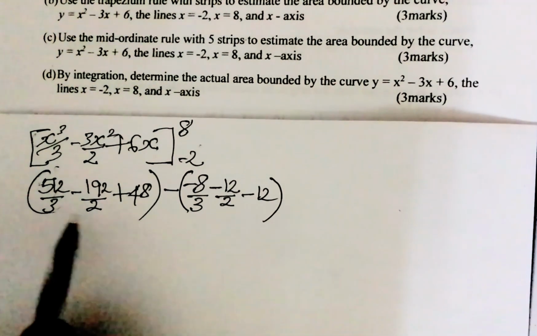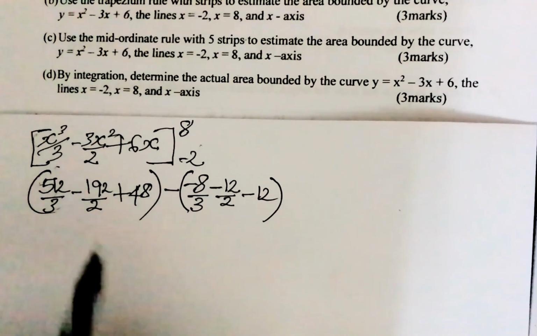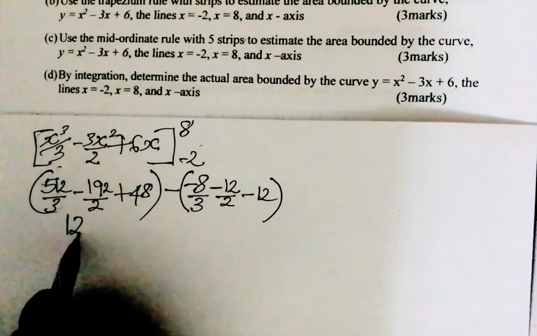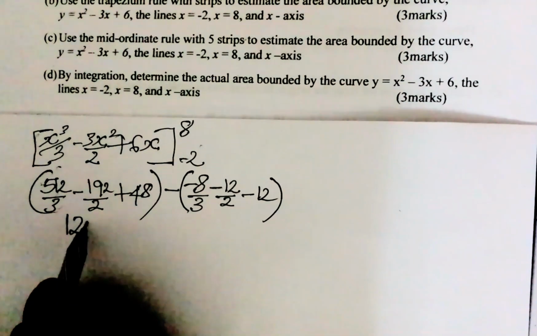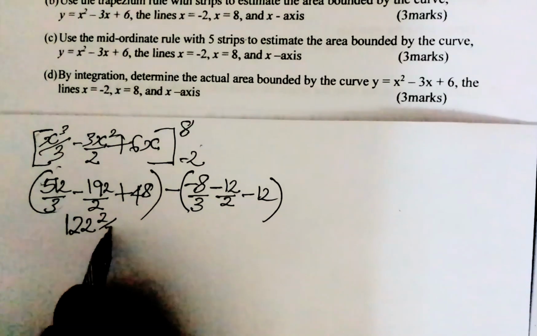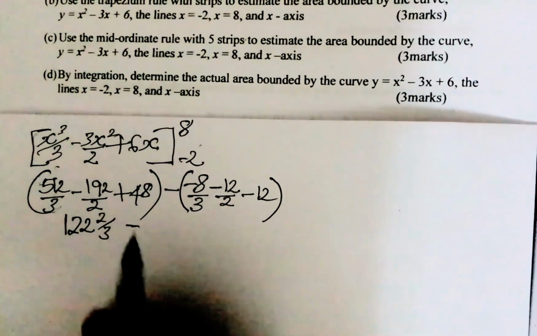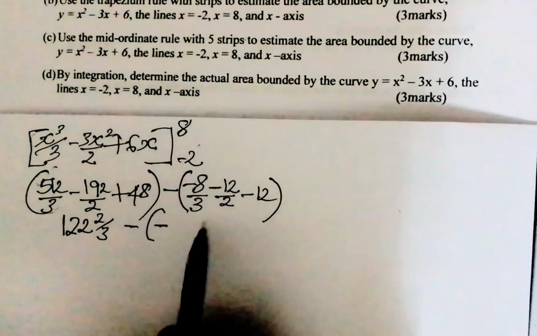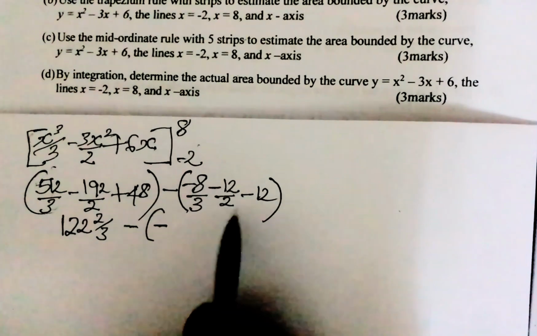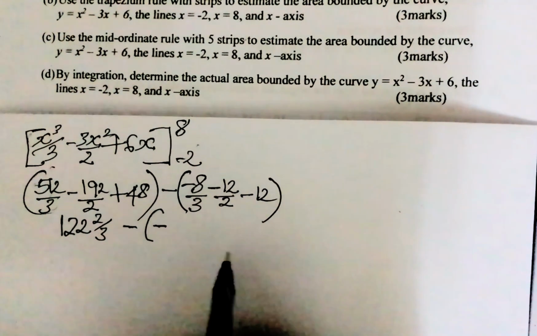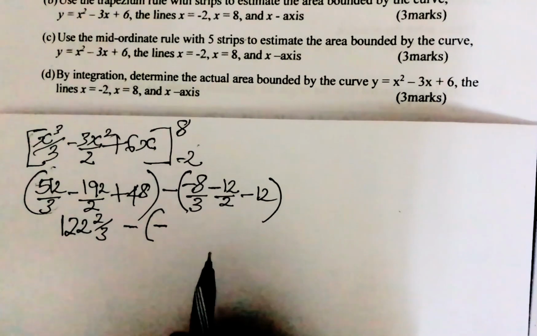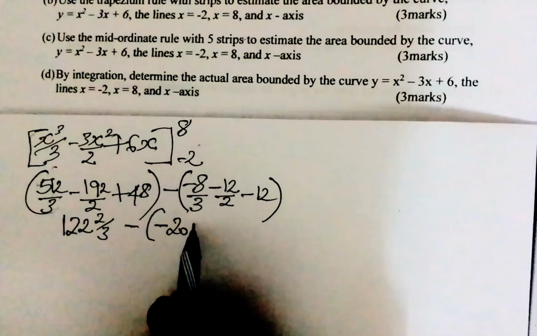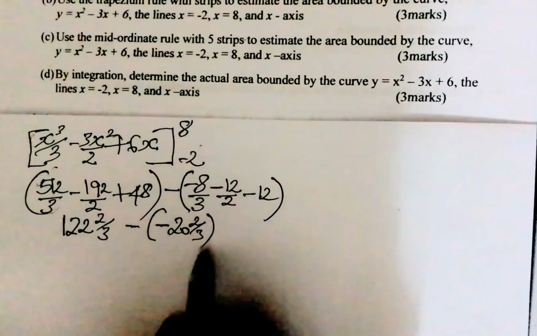When you work this out using your calculator, you're going to get a value of 122 and 2/3 minus, in brackets, negative 20 and 2/3.